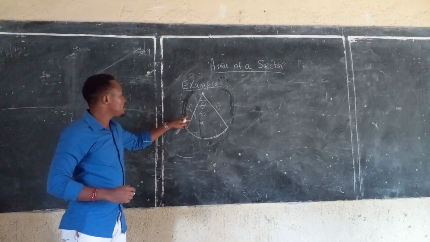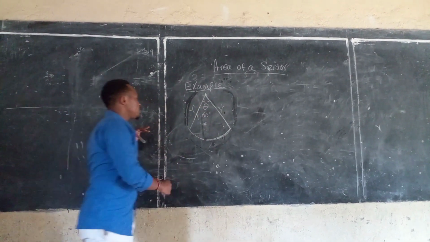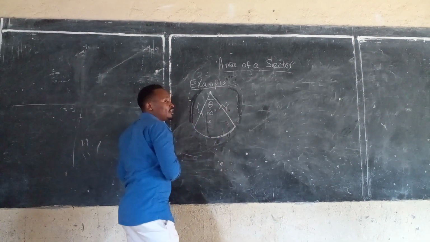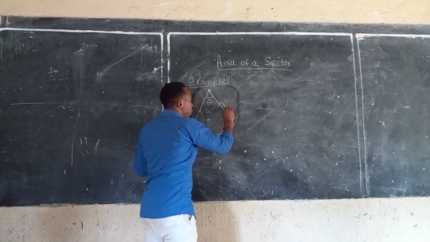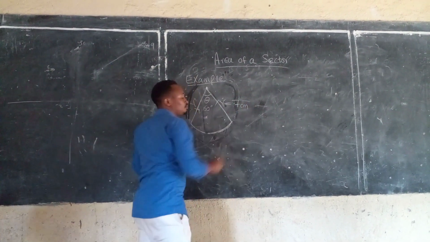Remember, this side is equal to that side. Let's assume that the radius given there is 7 centimeters.